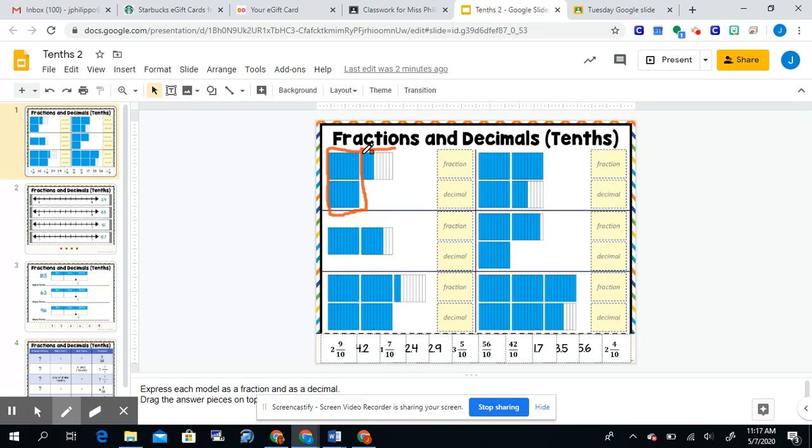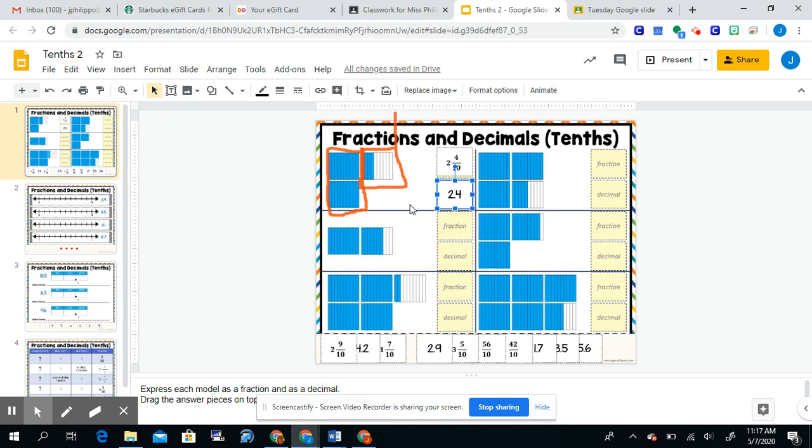I see a picture broken into tenths, and it looks like it has 1, 2, 3, 4 of them shaded in out of the 10. So if I have two whole things and 4 shaded in out of the 10, my fraction would be 2 and 4 tenths. My decimal is the same thing, 2 and 4 tenths.